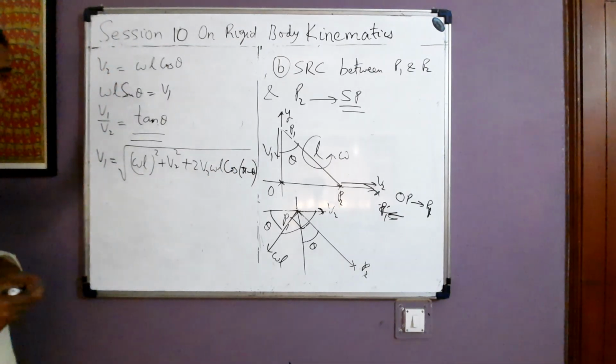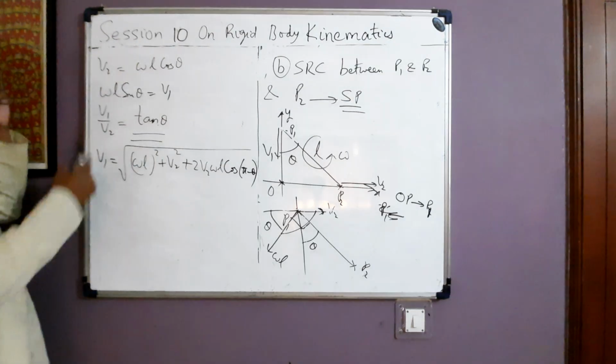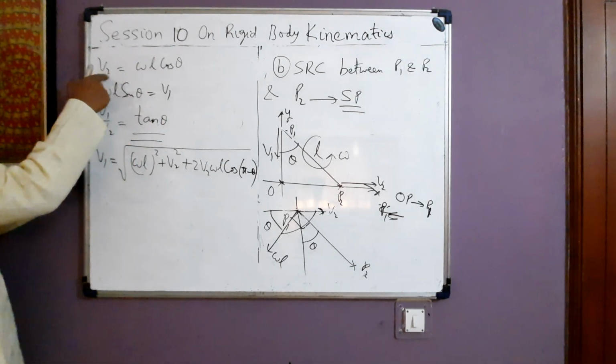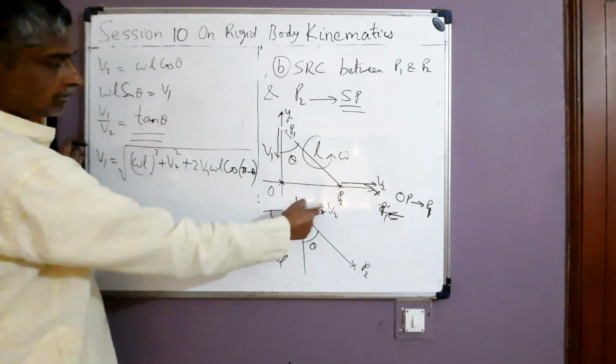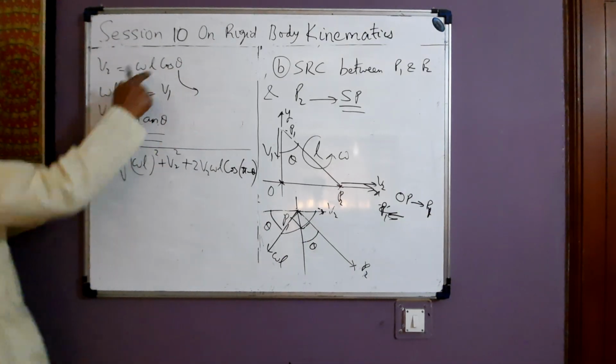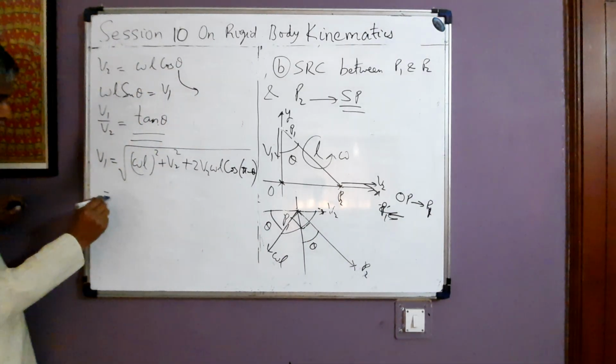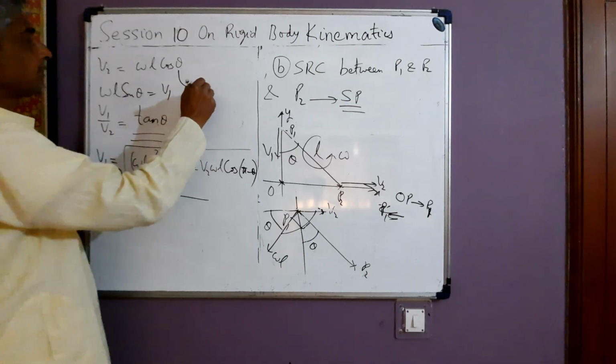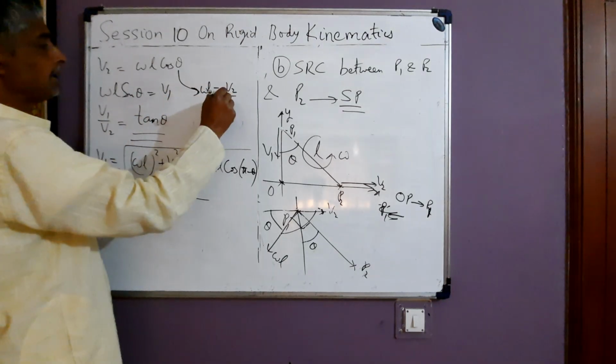Is it alright? Fine. Now, from the component concept, the components of these two in horizontal should cancel. From this equation, we see that omega L cos theta is V2. So omega L is equal to V2 by cos theta.